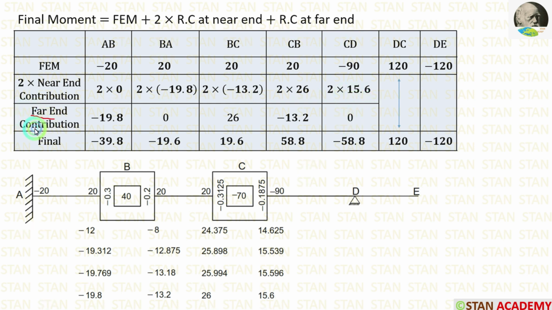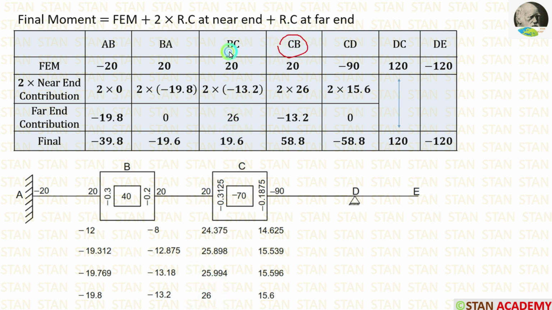Now let us enter the far end contribution. For AB, the far end is BA. In BA, the contribution is minus 19.8. For BA, the far end is AB. In AB, the contribution is 0. For BC, the far end is CB. In CB, the contribution is 26.